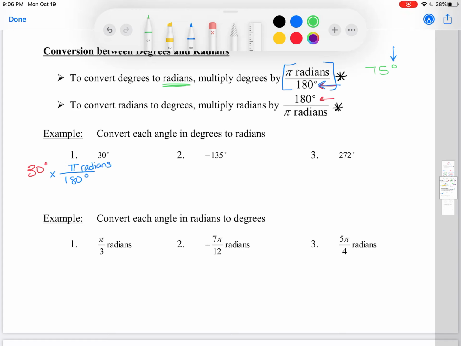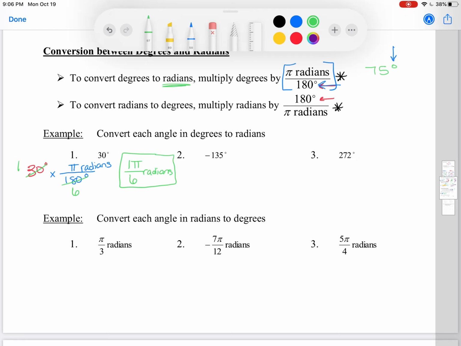And then if we remember, 180 degrees pairs well with pi, and we call that pi radians. And then we just go ahead and simplify. Well, 30 and 180 can cancel into 1 and 6. And then if we multiply, we have 1 pi over 6. And together that's 1 pi radians over 6.